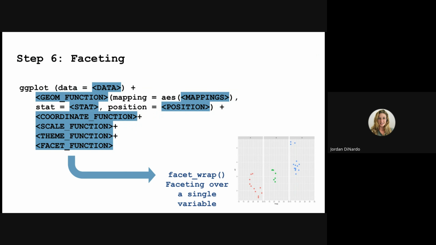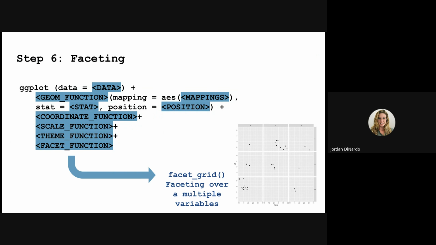So for each group, it's showing a scatter plot of these two variables. So that helps you to compare across this group, which is really helpful. So that's what faceting is, facet underscore wrap is the function. And within this, you would put the variable in which you wish to facet over.